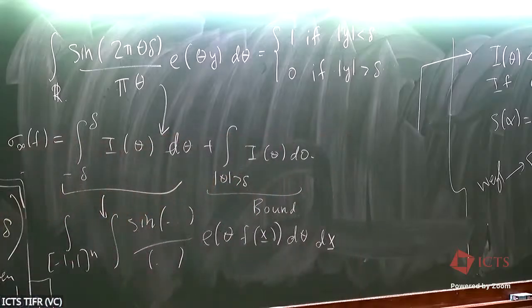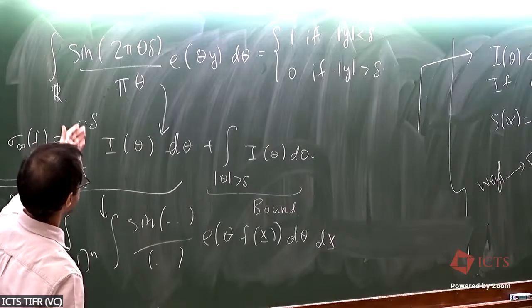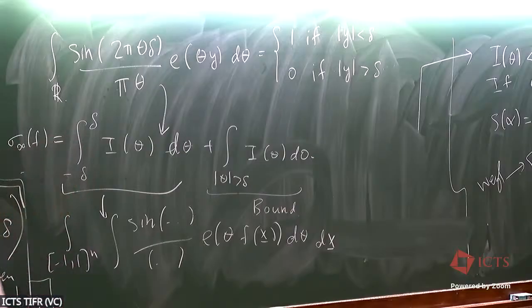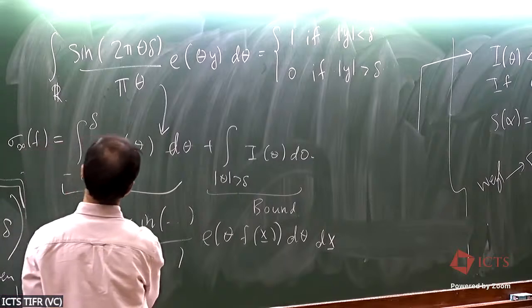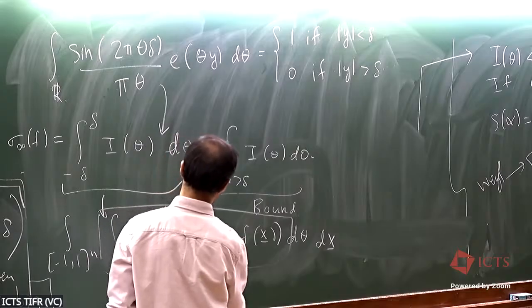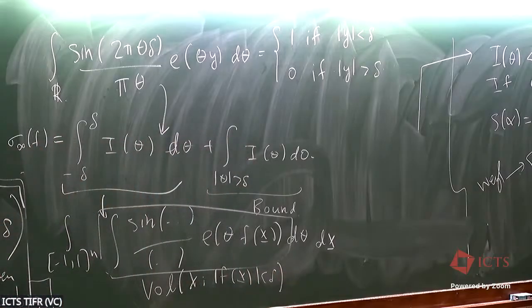And at this point, one uses this identity right here. Now, something is off again. This is going to be the volume of x such that f of x is less than delta. Okay. Let me just make sure.